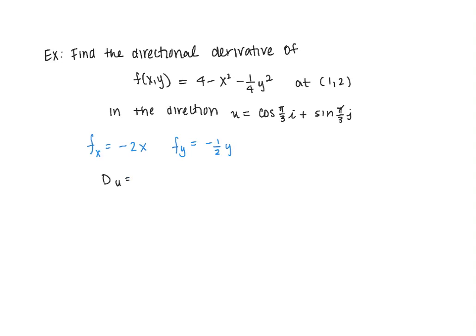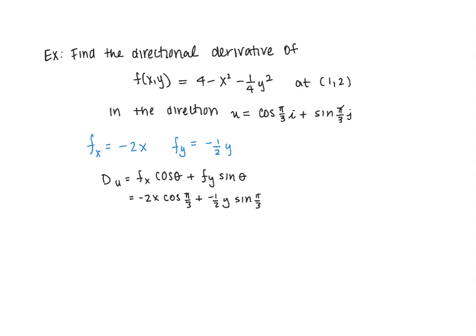D_u f equals f_x cosine theta plus f_y sine theta, and we're going to plug in. So f_x is negative 2x, times cosine pi over 3, plus negative 1/2 y times sine pi over 3.